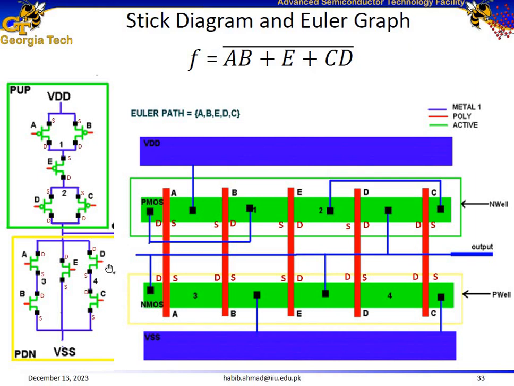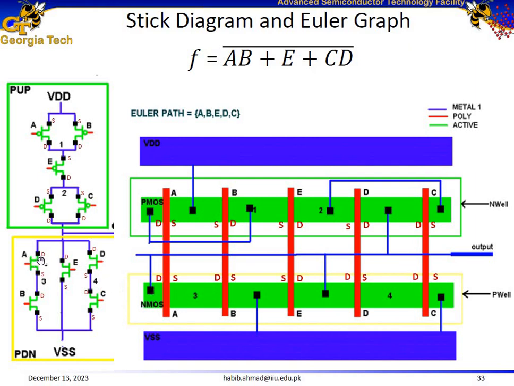The drains of D and E are connected together into the output. So label this side of E as the drain. They are connected together, and make a connection from these two to the output. The drain of B is connected with the source of A. This side becomes the drain of B. Label this side as the source of A. So they are connected together.